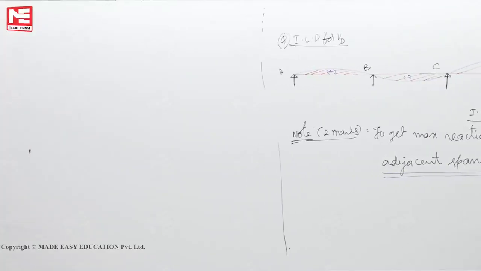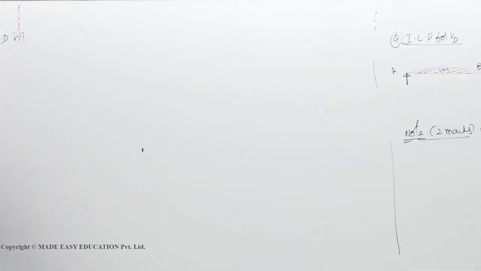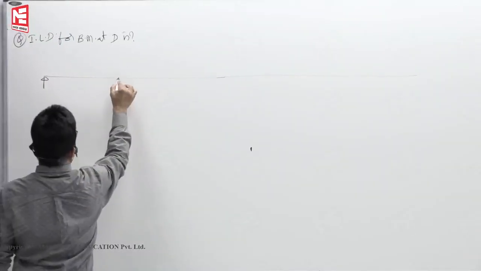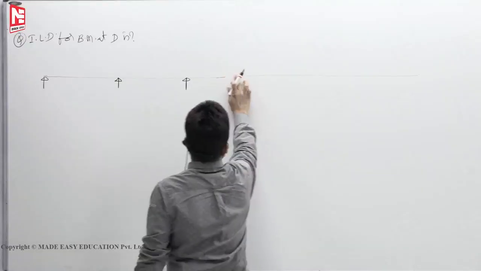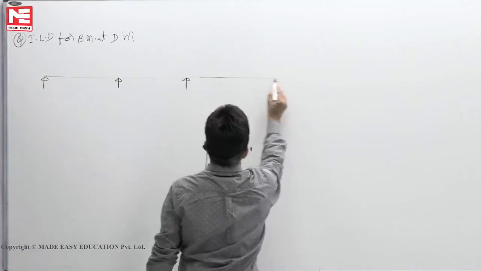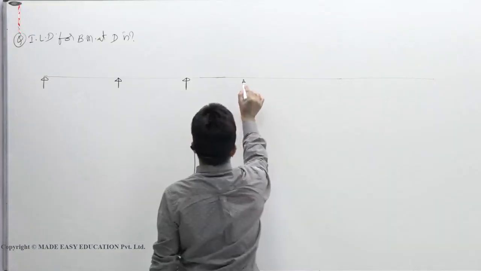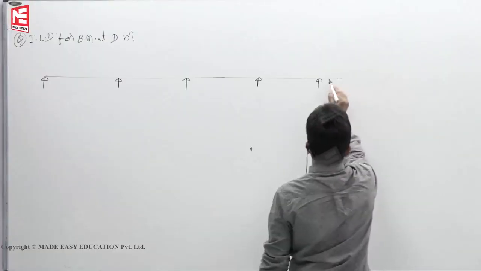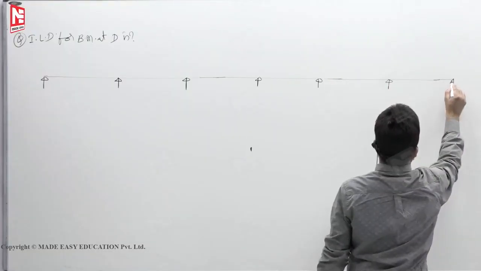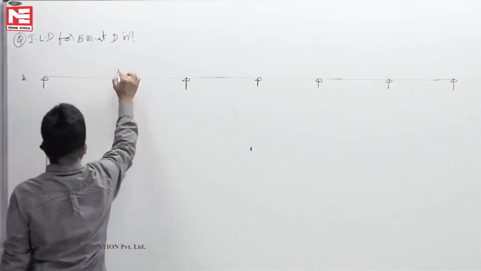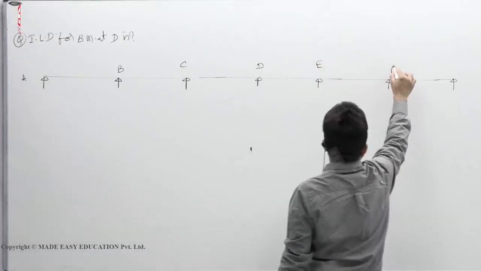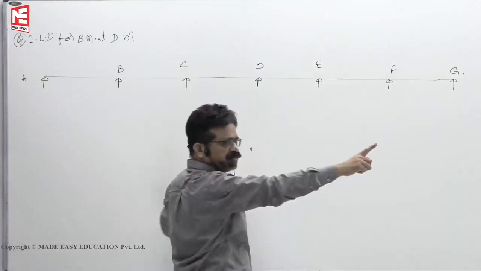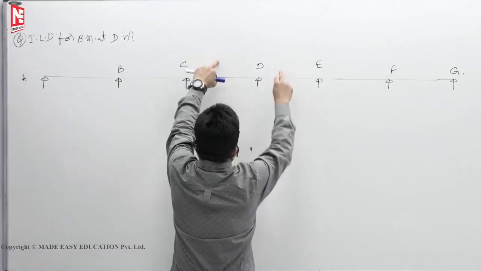ILD for bending moment at D is, say like this, you have A, B, C, D, E, F, G. From strength of materials, or structures part of it, in any continuous beams, at the intermediate support, if loads are kept here, then it will hog.